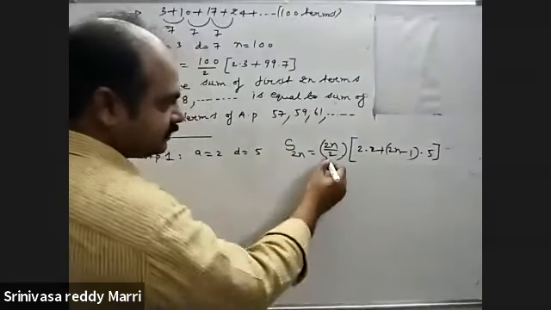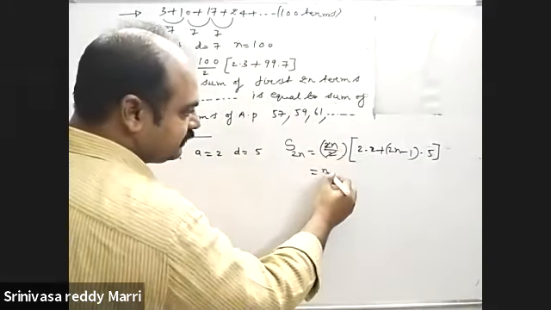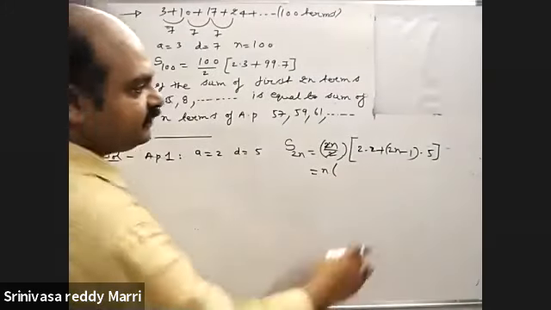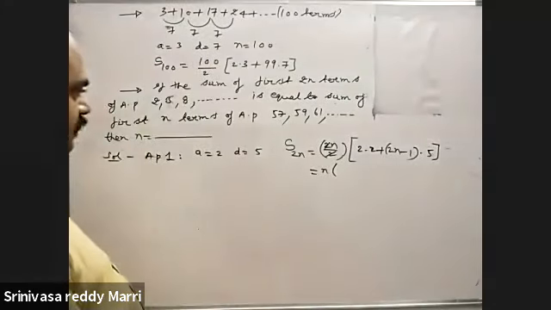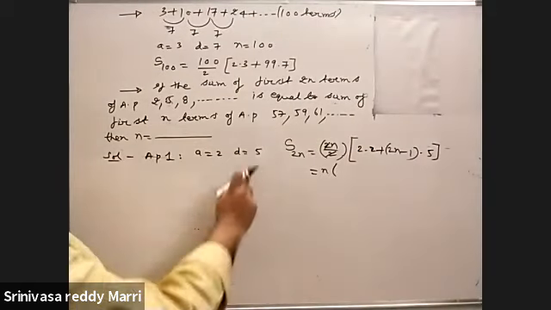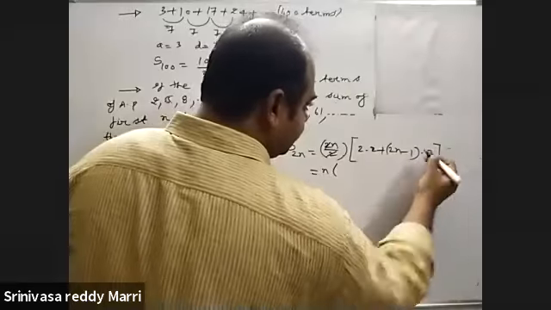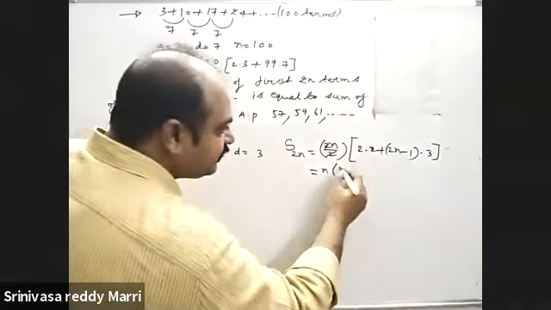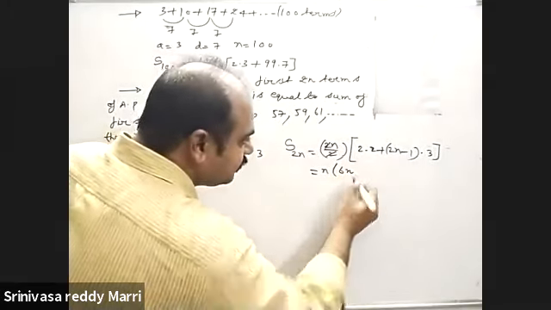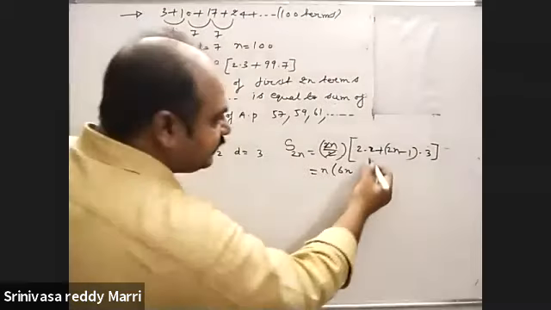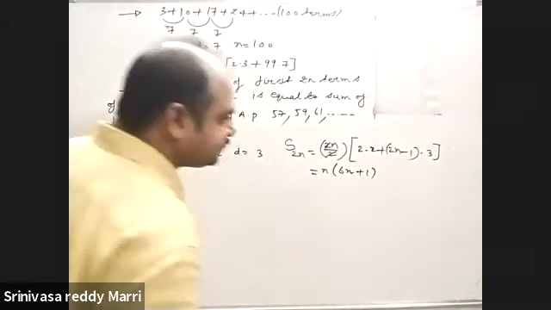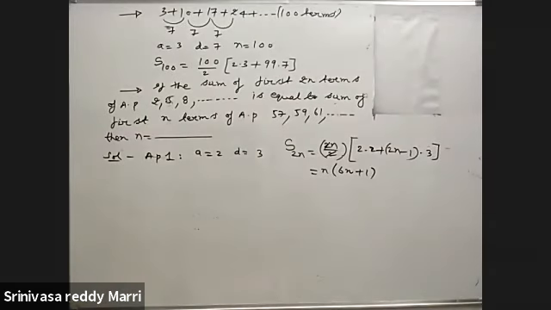Sorry, D is 3. So 3 into 2n, 6n, minus 3 plus 1.